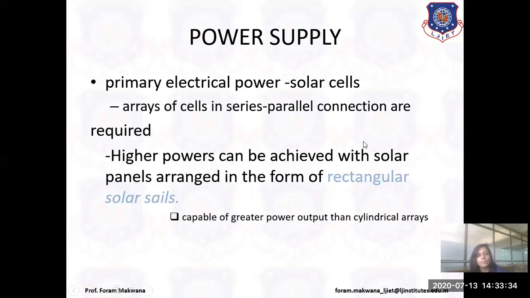That's why the primary electrical power comes from solar cells. Solar cells are an array of cells in series or parallel connection. If you want a higher power, it is achieved with the help of solar panels, arranged in rectangular form, because they are capable of greater power output than cylindrical arrays.